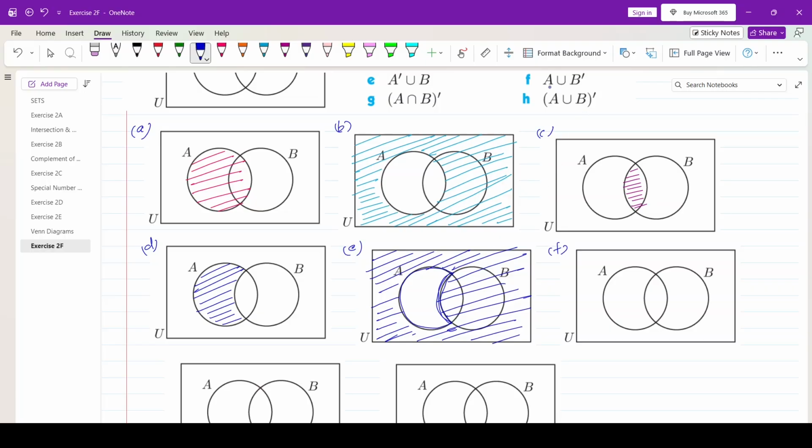Part F says A union B complement. So B complement is everything outside this circle and A is this part. So A union B complement will be everything outside this part. That is this part.